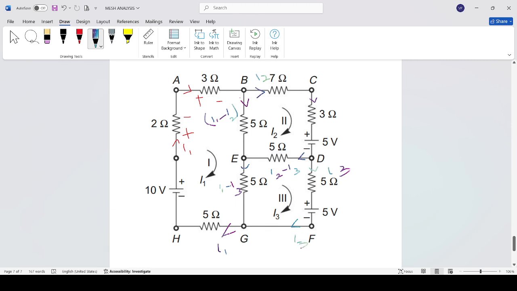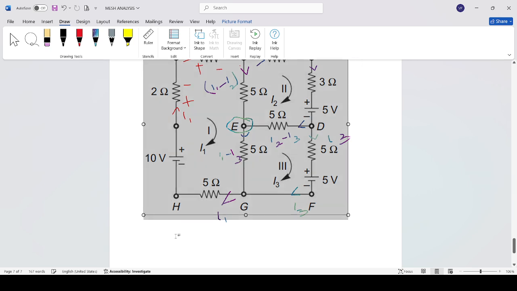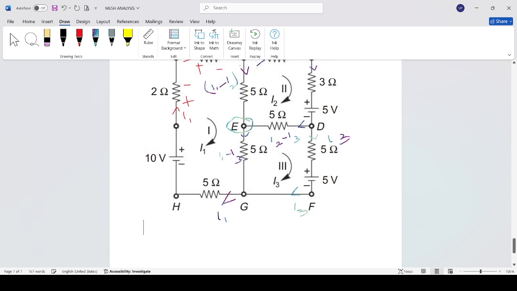You can check it using Kirchhoff's current law. For example, if you have a doubt, take the point E. The incoming current at E is I1 minus I2 plus I2 minus I3.